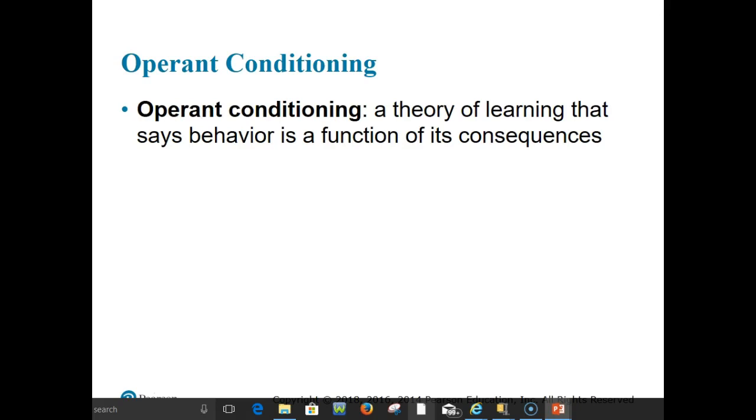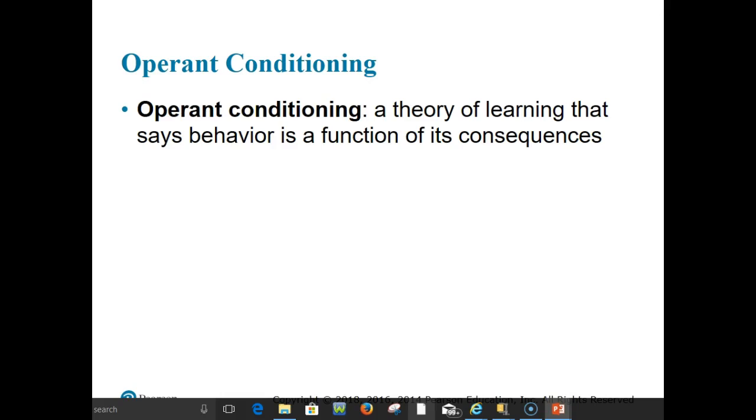So operant conditioning argues that behavior is a function of its consequences. People learn to behave to get something they want or to avoid something they don't want. Operant behavior is voluntary or learned behavior, not reflexive or unlearned behavior.